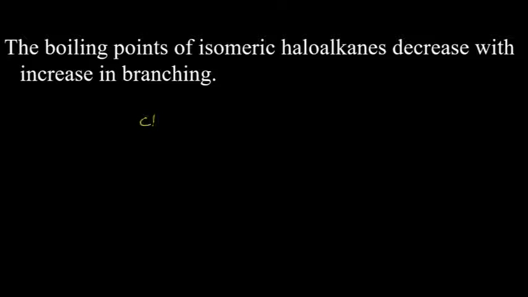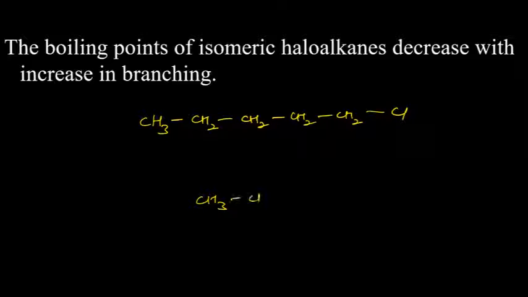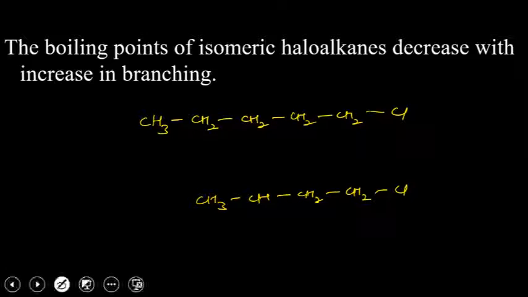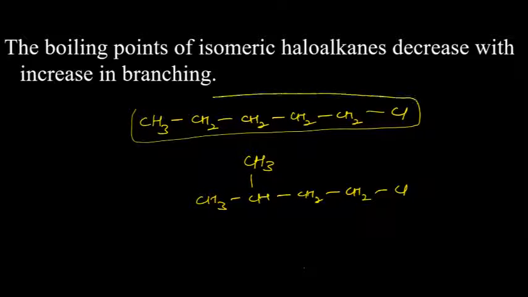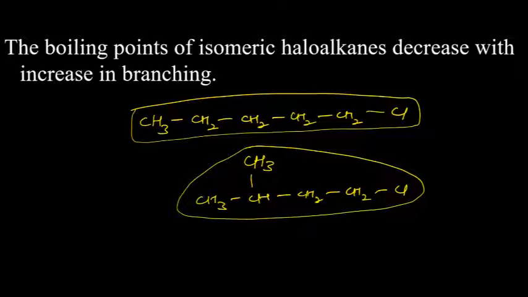I'm giving you another example: CH3CH2CH2CH2CH2Cl, and another one, CH3CHCH2CH2Cl, where you have branching. These are isomeric, same formula. Here you have a flat structure. Here you have somewhat oval, so less contact area.